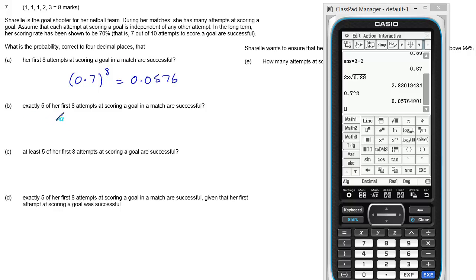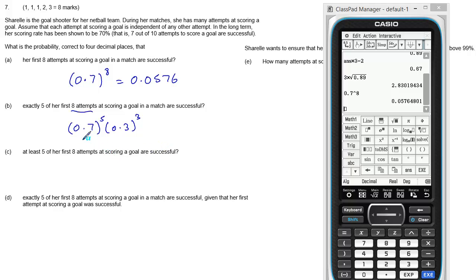Exactly 5 of her first 8 attempts at scoring a goal in a match are successful. So she's going to have 5 successes. We could do this as a binomial if we wanted to, because we can say n is equal to 8, but we don't need to. So 0.7 to the 5, and that must mean that she had 3 failures.